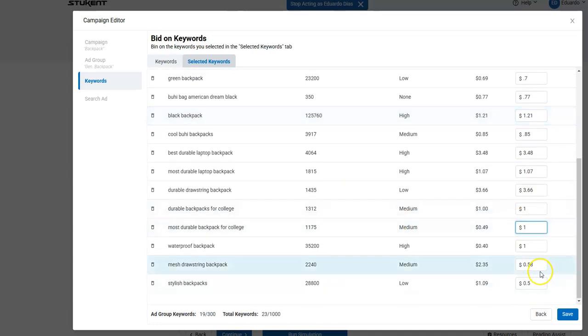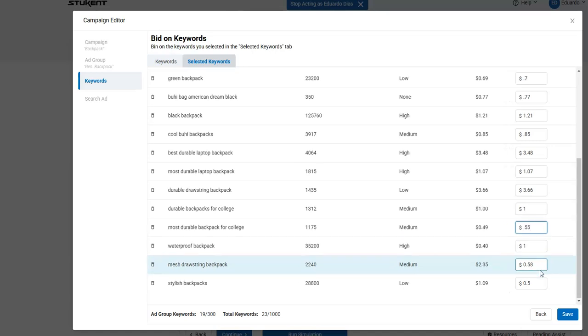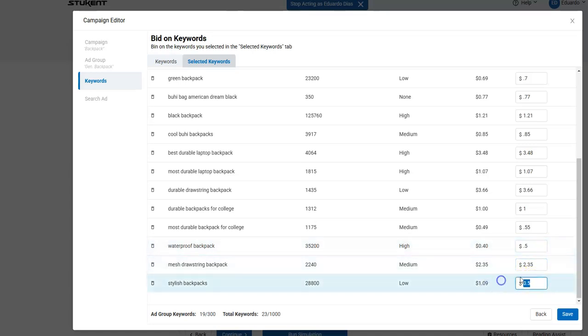I would recommend maybe revisiting a couple and seeing what makes the most sense for that. And you're paying for low volume numbers, but you're paying a much higher cost per click with that. And 1.09.